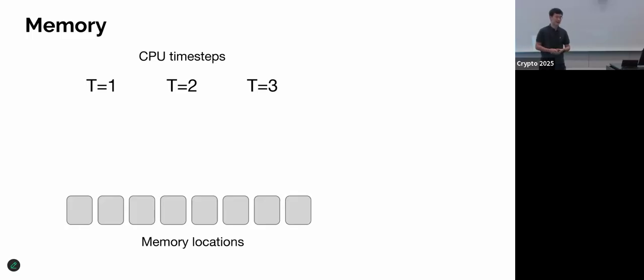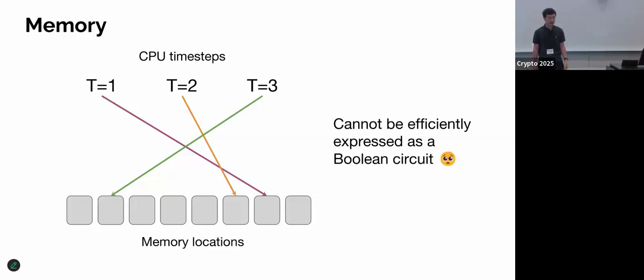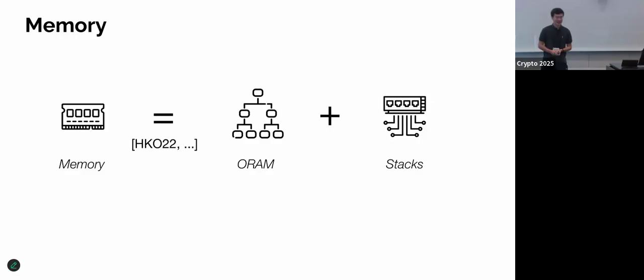The difficulty is that at every time step, the CPU can make some arbitrary access to any location in the memory, and this cannot be predicted in advance. So if you want to express it as a Boolean circuit, then you have to make a linear scan of all the memory locations at every time step, and it's apparently not very efficient.